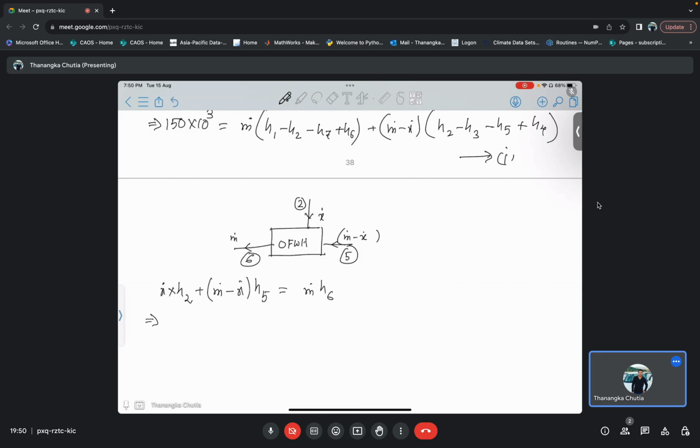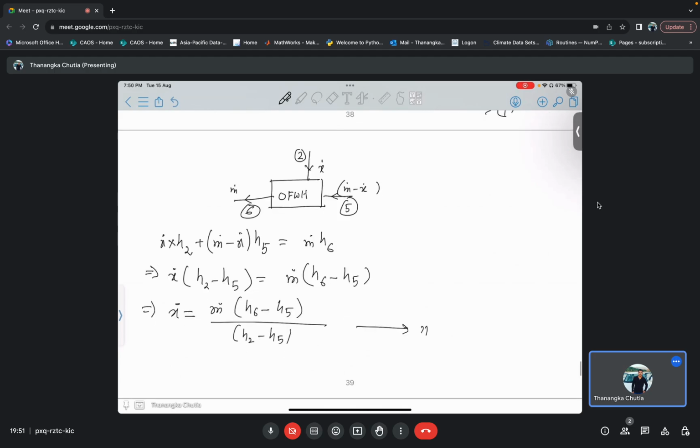So x dot into H2 minus H5 is equal to m dot into H6 minus H5. From here, x dot is m dot times H6 minus H5 divided by H2 minus H5. This is your equation number 2.